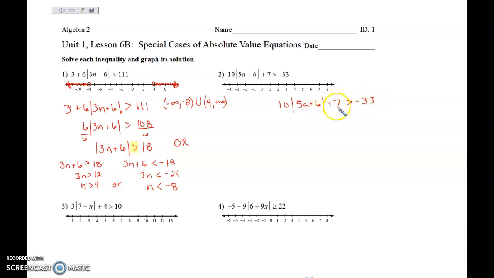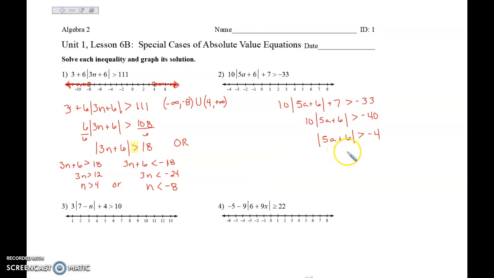So we're going to subtract the 7 first. So 10 times the absolute value of 5a plus 6 is greater than negative 40. Divide by 10. So you should have the absolute value of 5a plus 6 is greater than negative 4.